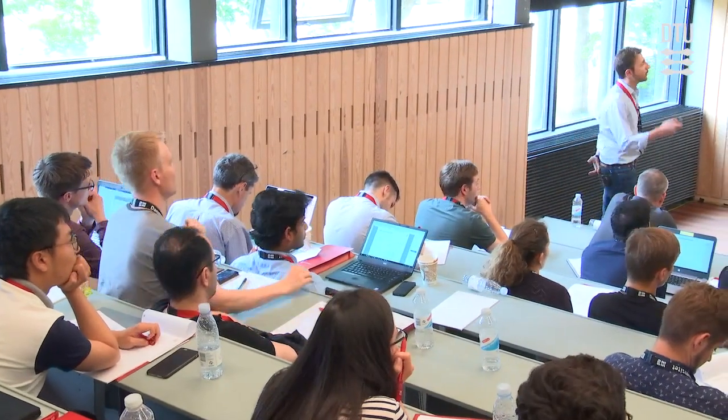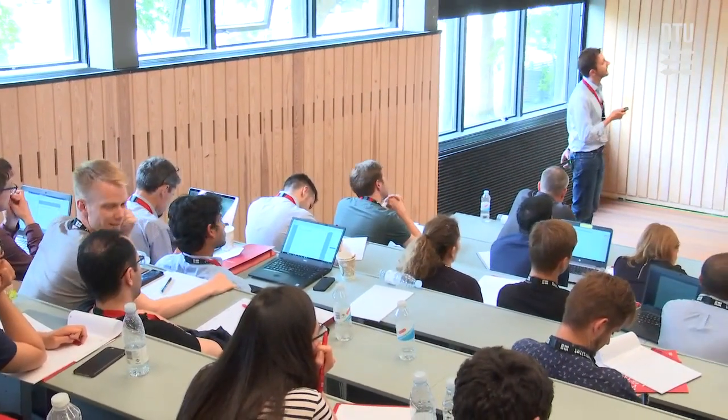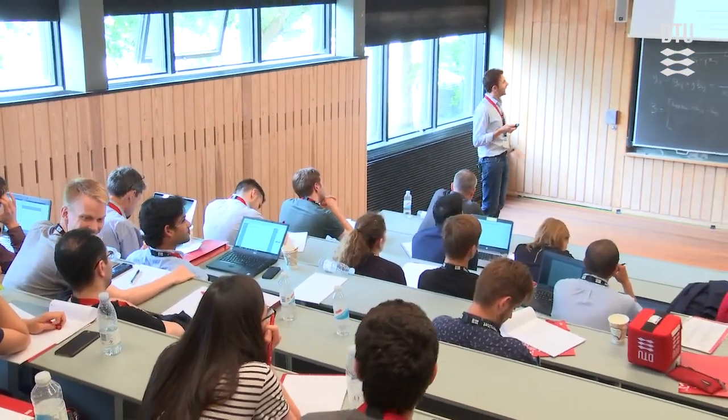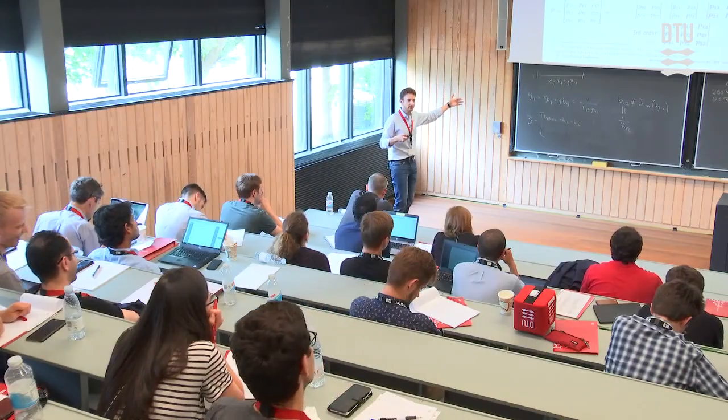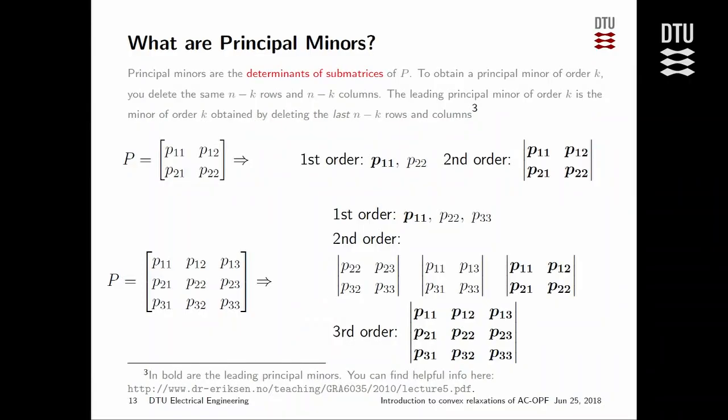So what we heard is that in the 3x3 matrix, we have 3 principal minors. The first one always is the matrix itself. So we have to calculate the determinant of that matrix, and if this is non-negative, then we go on and we find the second order. And the second order is when we remove one line and one column.